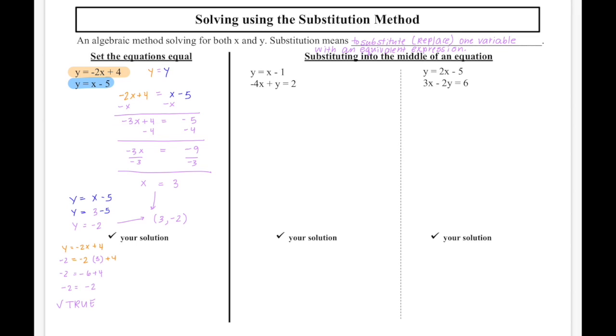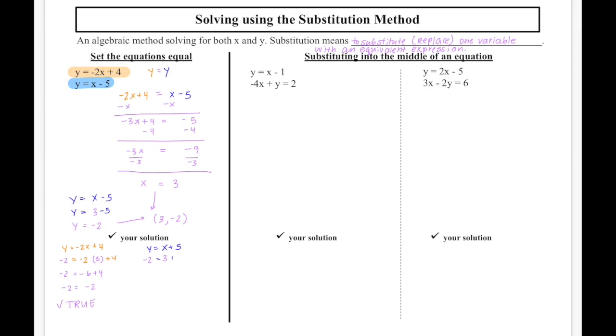We come out with -2 equals -2. And that is a true statement because -2 does equal -2. So I know that at least this point, (3, -2), satisfies the line y equals -2x plus 4. But now I need to make sure it's also a point on our other line, y equals x minus 5.